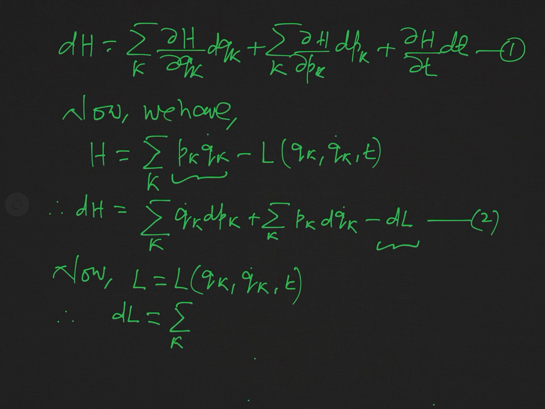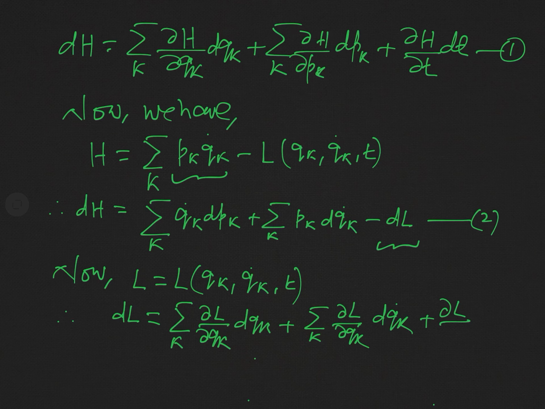This will be summation over k del L over del qk dqk plus summation over k del L by del qk dot dqk dot and plus del L by del t dt.